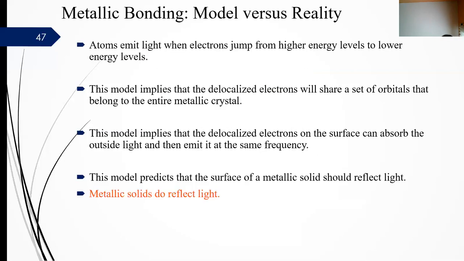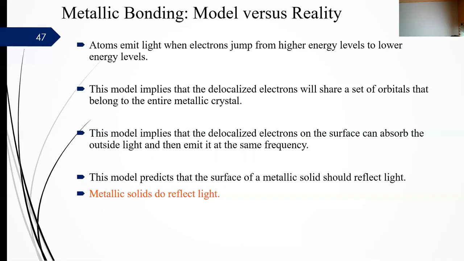The last couple parts that we're going to talk about with our metallic bonding is one of them is this idea that they reflect light. Light's being reflected because while we have these delocalized electrons, the delocalized electrons on the surface can absorb the outside light and then emit it back. This happens because those atoms are emitting light when the electrons are jumping from high energy levels to lower energy levels.